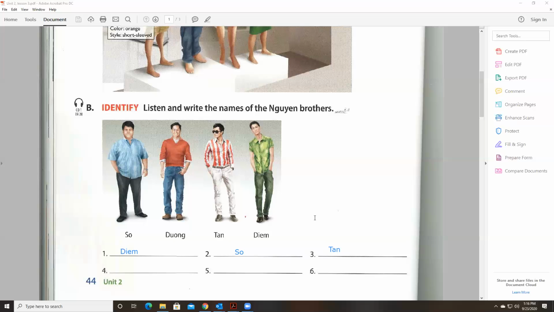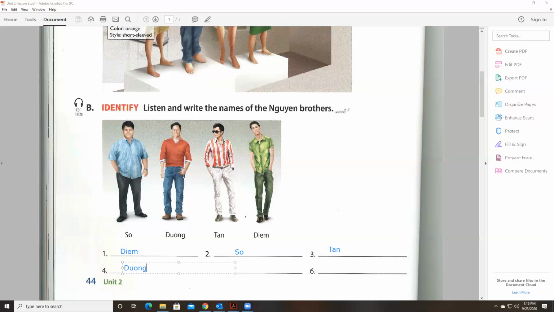Number 4. The oldest of the brothers is worried that he doesn't have fancy clothes to wear. He is wearing a large red sweater and work boots. He is a good-looking guy, though, so it shouldn't be a problem. Okay, that's Duong, right?